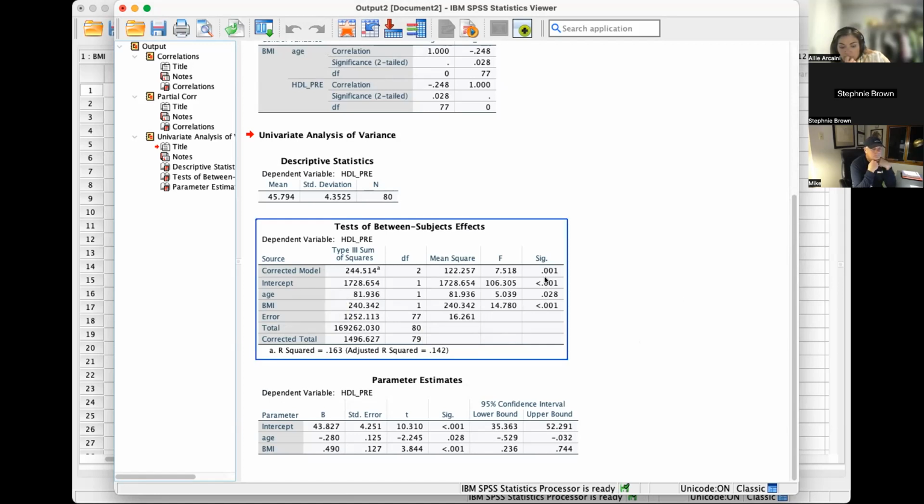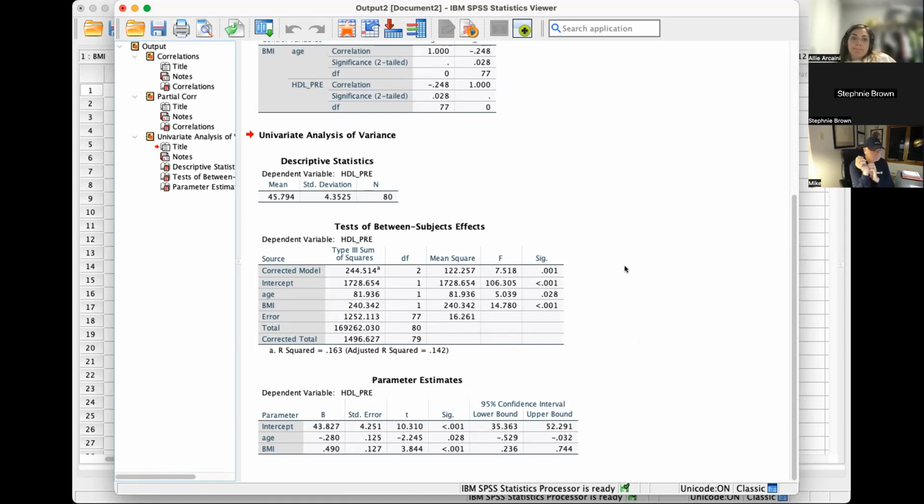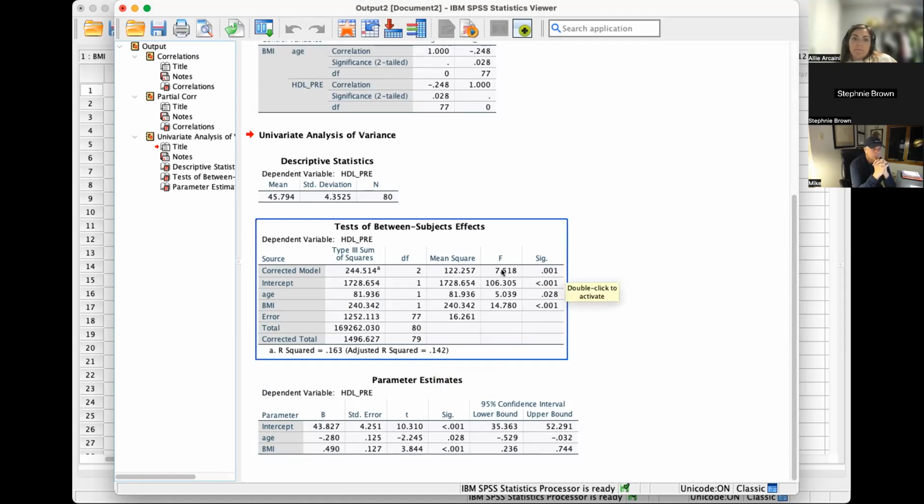So remember, in our table now, what do we got? The top row is the f-test for the overall model. Basically, are the predicted values helpful? And so this corrected model line relates to the R-squared value. Generally, if this is significant, we'd say R-squared is significant.